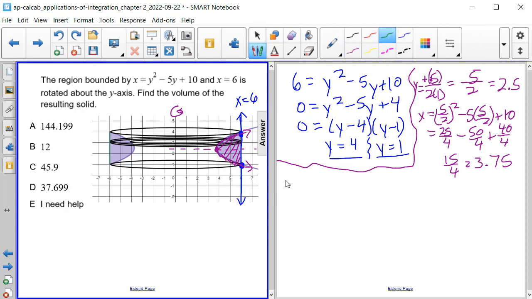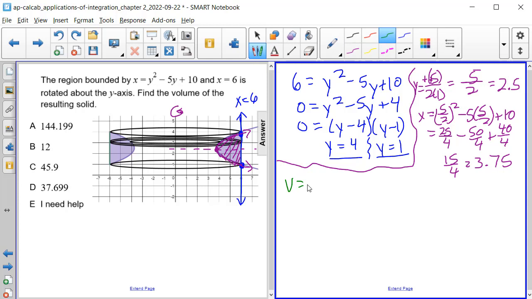So our volume is going to equal pi times the integral. We know our lower and upper bounds are from 1 to 4, and now we have to do the outer radius, which is 6 squared, minus our inner radius, which is y squared minus 5y plus 10, squared. And we're going to integrate this with respect to y.